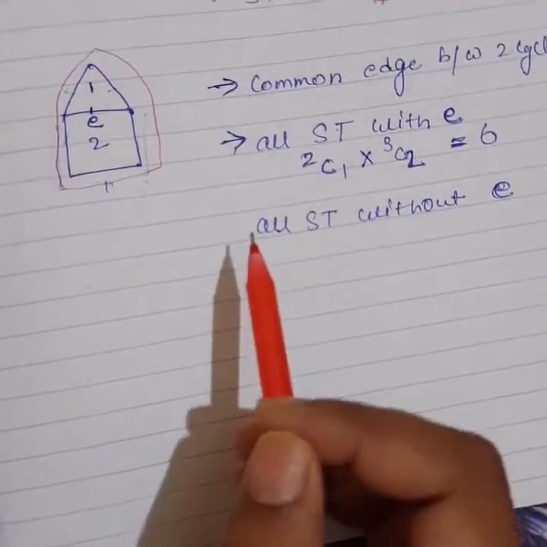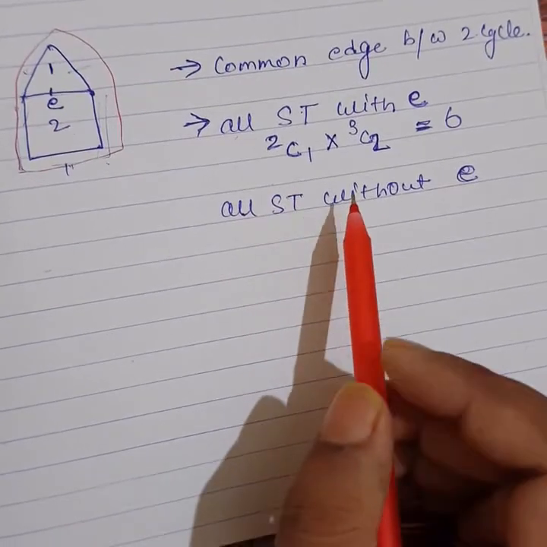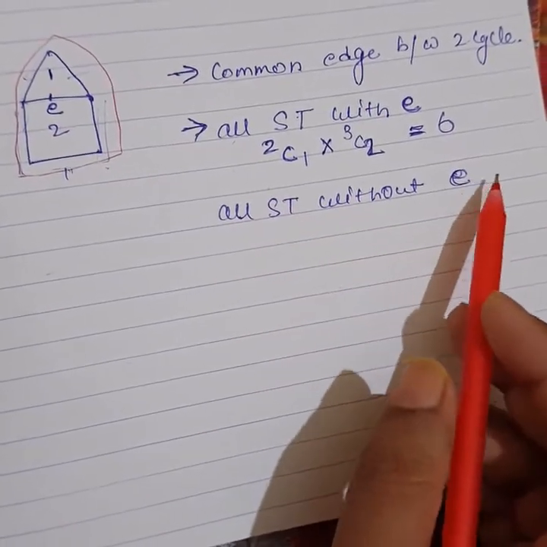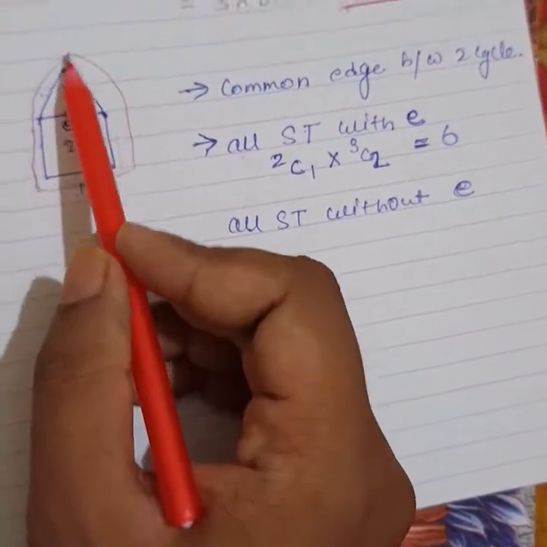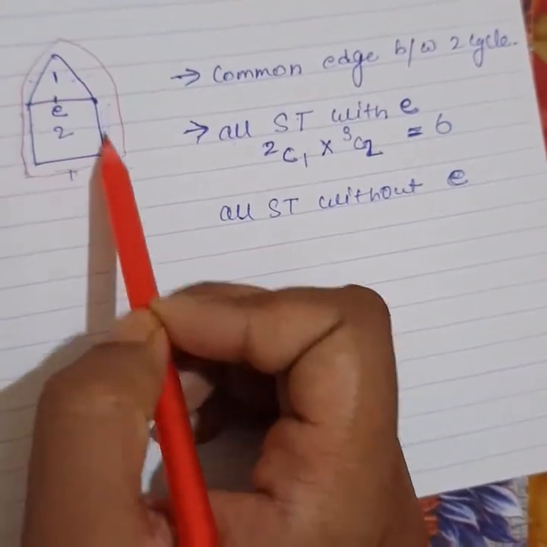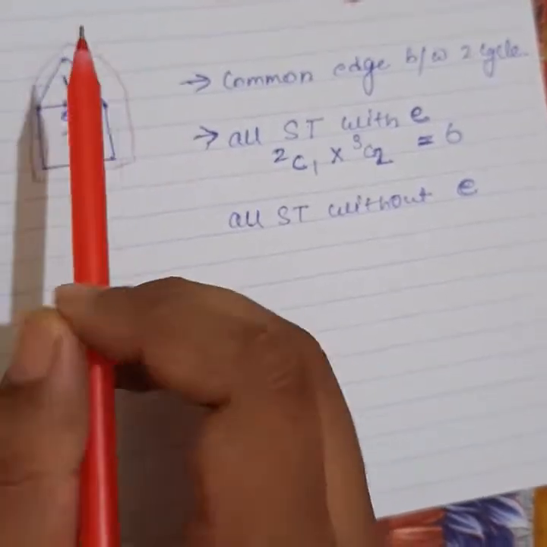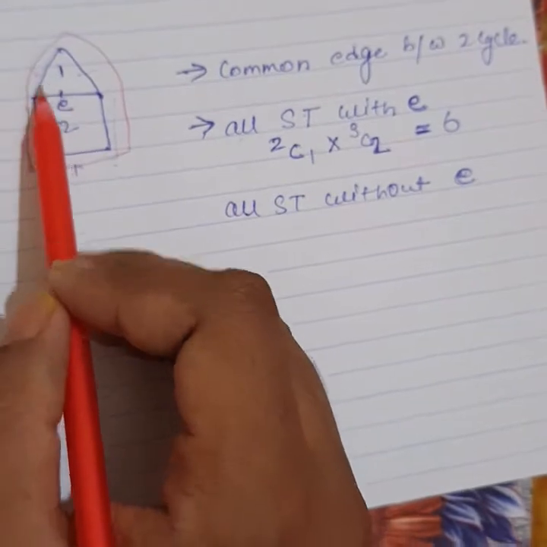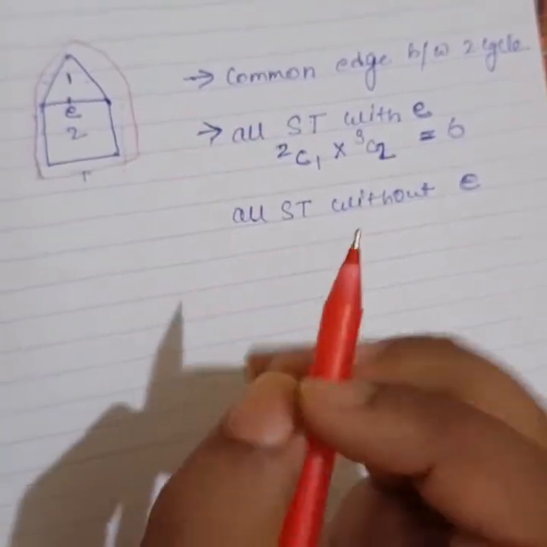Now we need to calculate all the spanning trees without having E. So E is not there in our tree. In this case we can remove any one of these 5 edges and we will get a spanning tree.